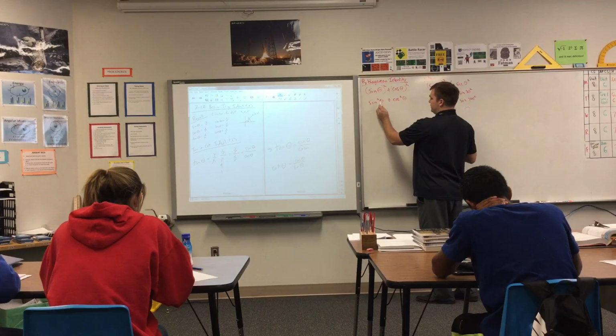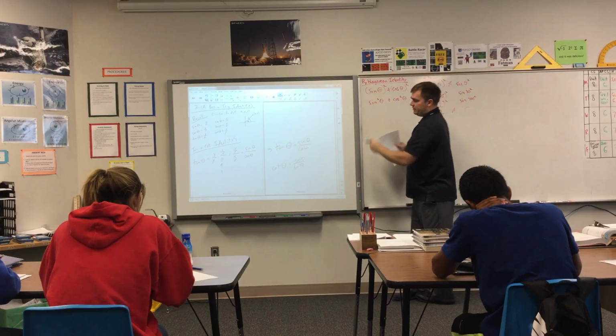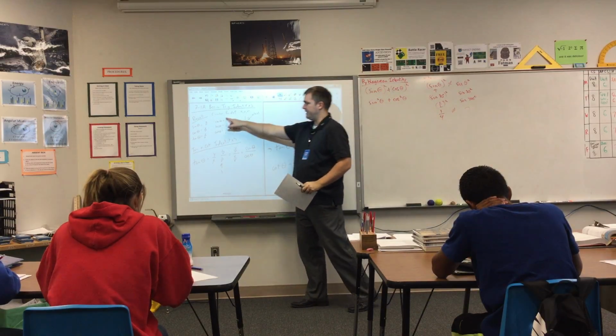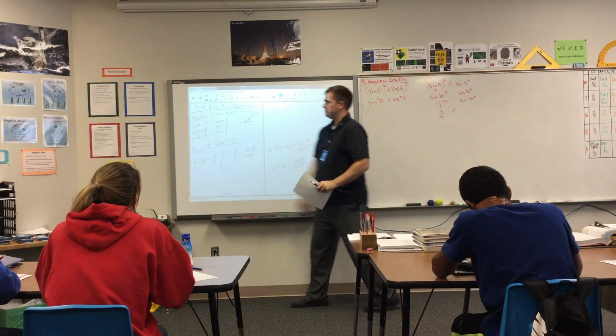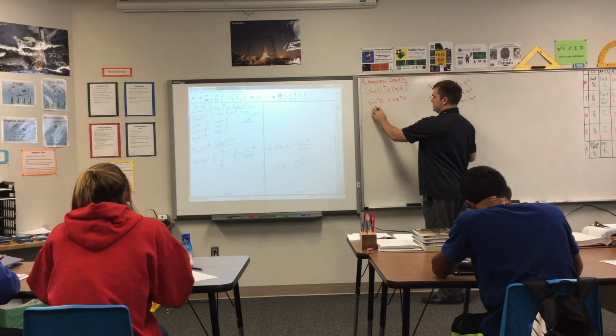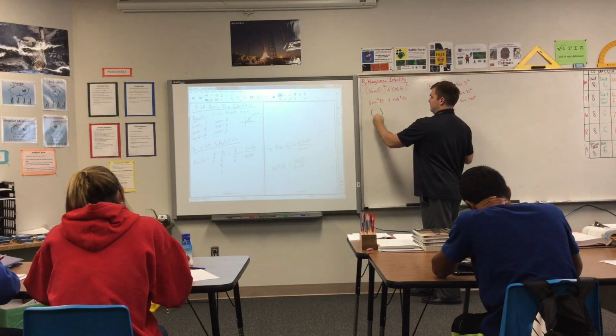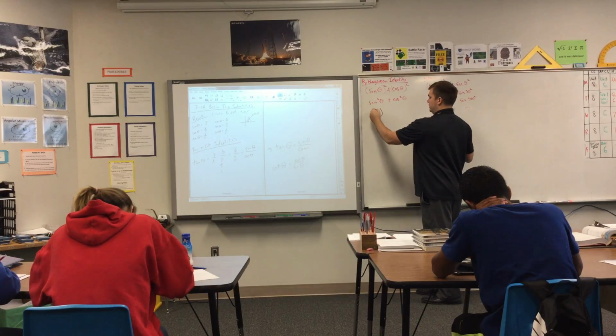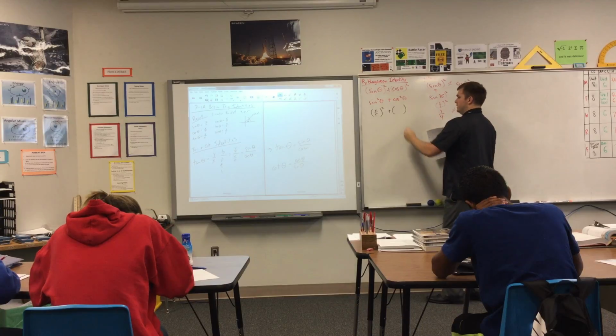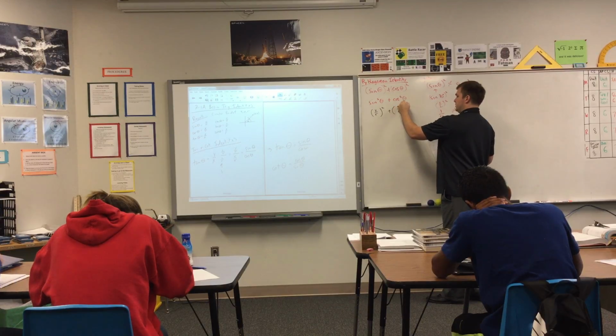So, sine squared of theta, we will return everything, if we need to, all the way back to the circular function definitions. So what is sine? Y over r. So we've got y over r squared plus x over r squared.